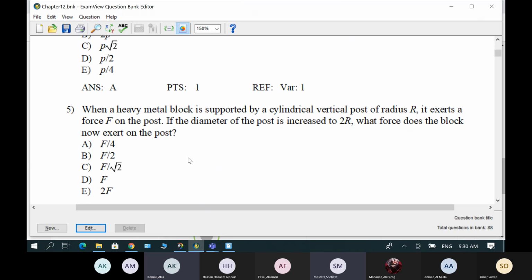So you have a post with a radius r. It exerts a force F on the post.